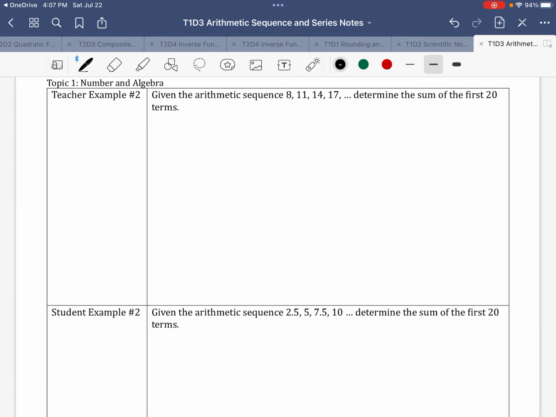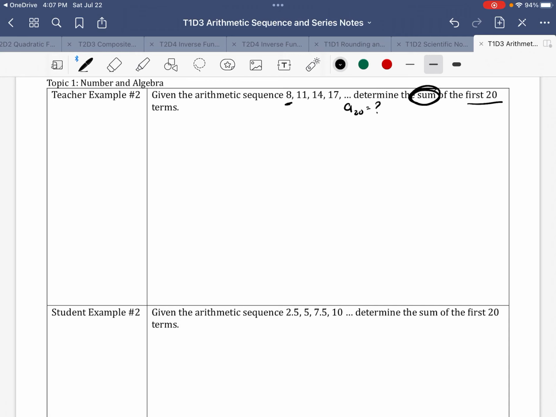Now our teacher example number 2 says that we're given this arithmetic sequence 8, 11, 14, 17, and we want to determine the sum of the first 20 terms. So again, first 20 terms, we're looking for the sum. Now I don't know what a of 20 is. A of 20 is a question mark.